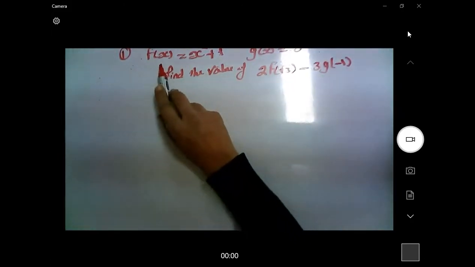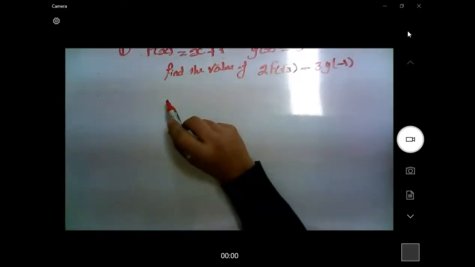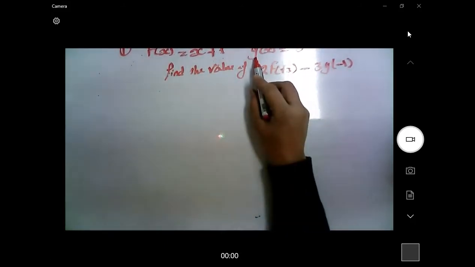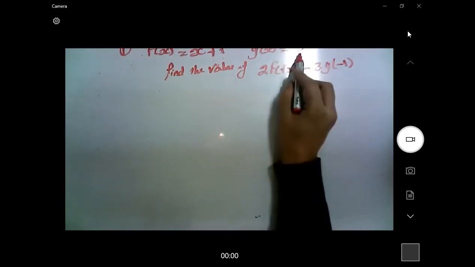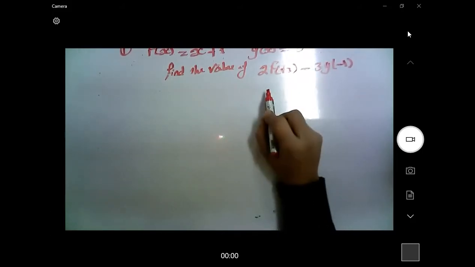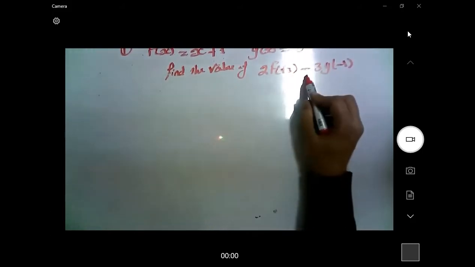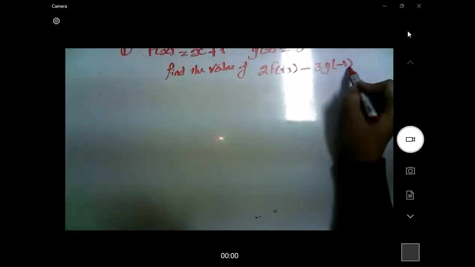The first function is f of x equals x power 2 plus 1. The second function is g of x equals 5. The question is to get the value of 2f of root 3 minus 3g of negative 1.